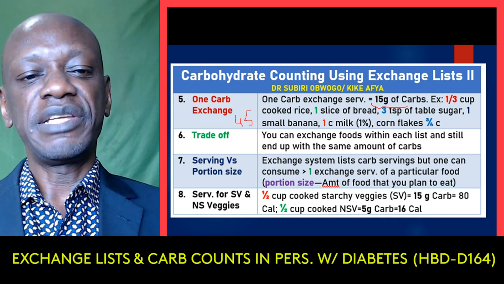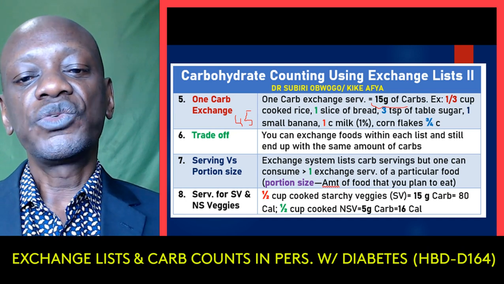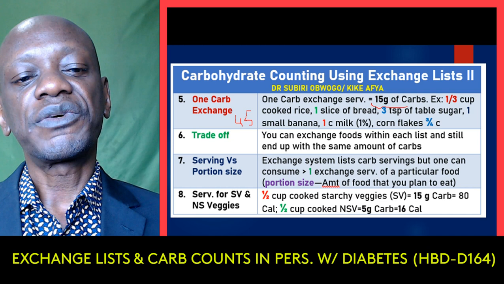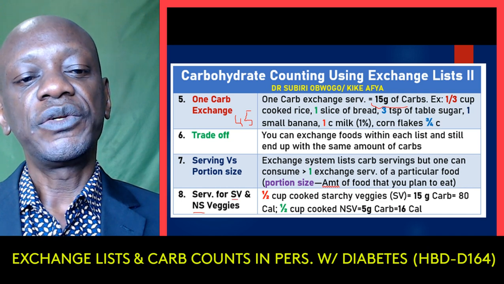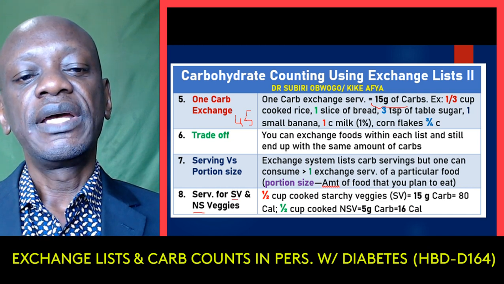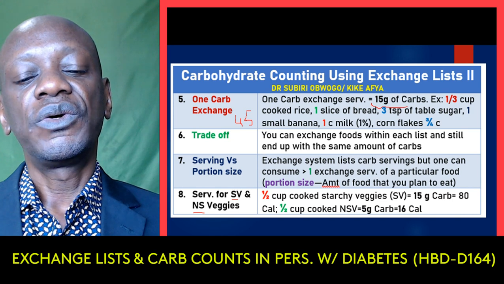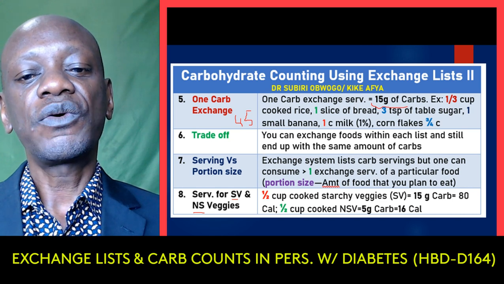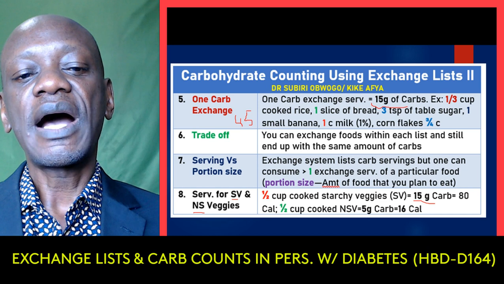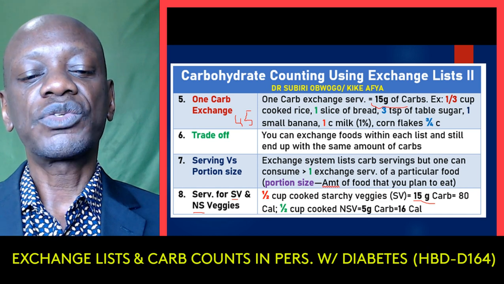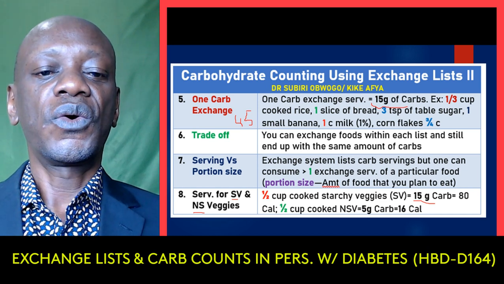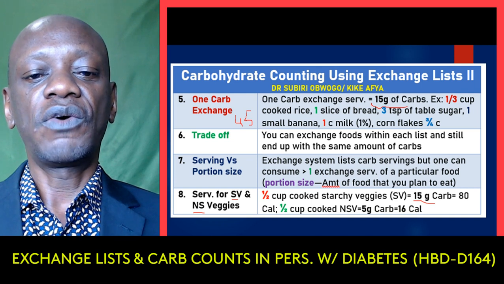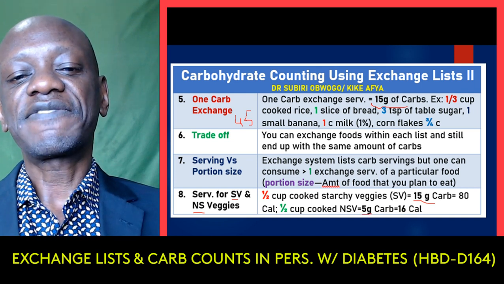There's a good distinction between servings for starchy vegetables and non-starchy vegetables. Half a cup cooked of starchy vegetables, which is the same as 1 cup raw, is 15 grams of carbs. However, half a cup cooked of non-starchy vegetables, or 1 cup raw of non-starchy vegetables, is 5 grams of carbohydrates.